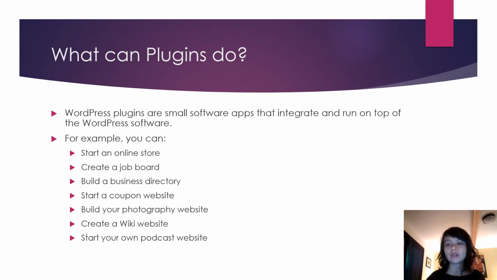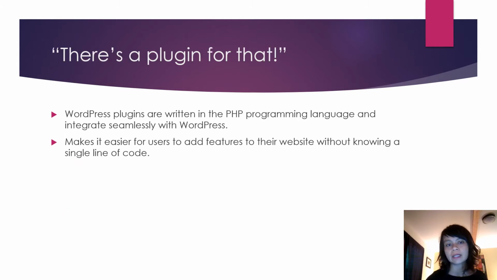So you can make your plain old boring WordPress site into something more interactive, adding all this extra functionality to your regular site. You have probably heard the common saying, there's a plugin for that.